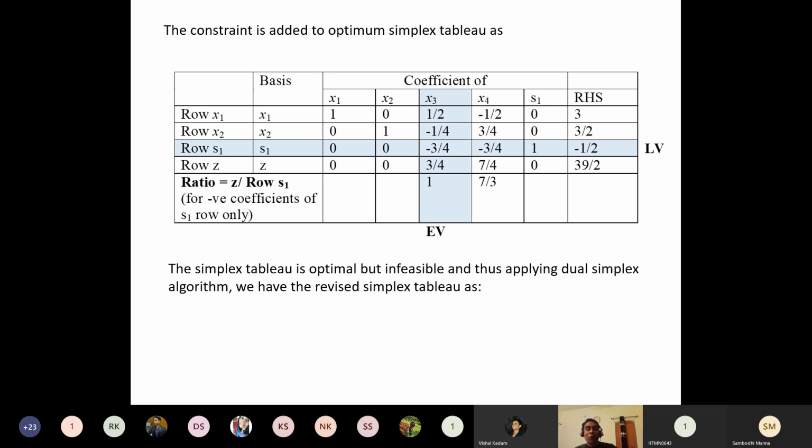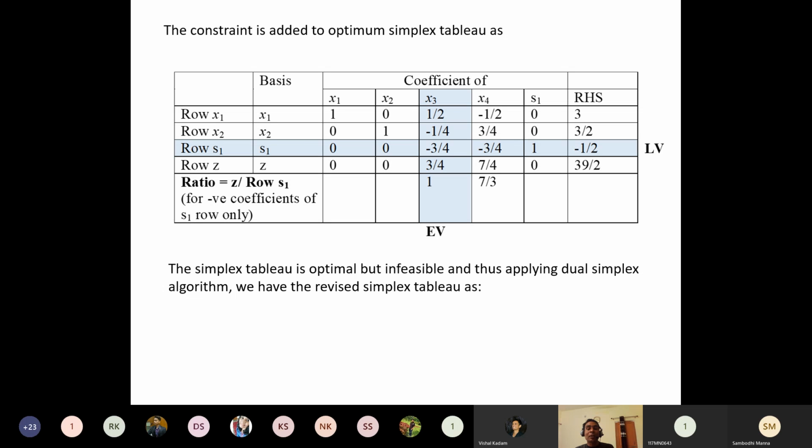So for this type of problem, we have to apply the dual simplex algorithm. In the dual simplex algorithm, we generally start from the optimal solution and move towards feasibility. That's why this is optimal but not feasible, so we have to move towards the feasible region.